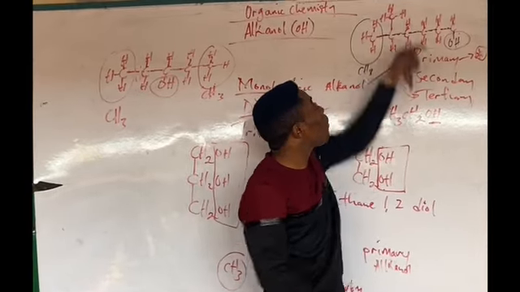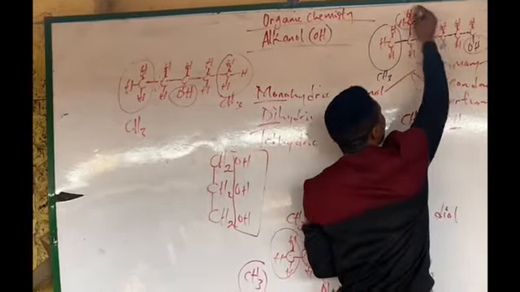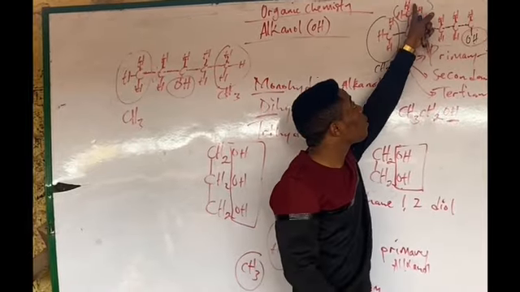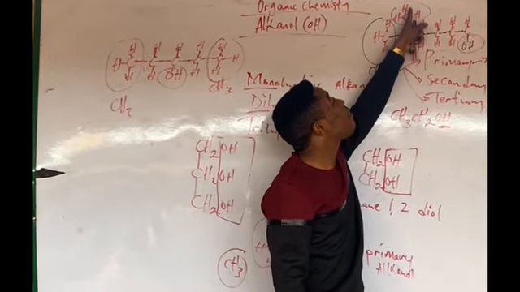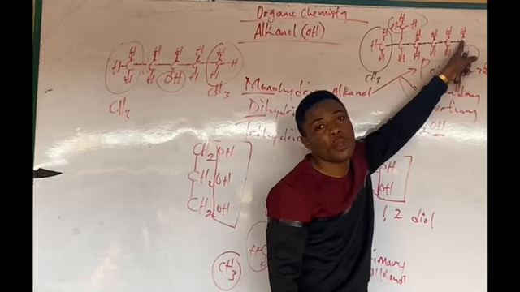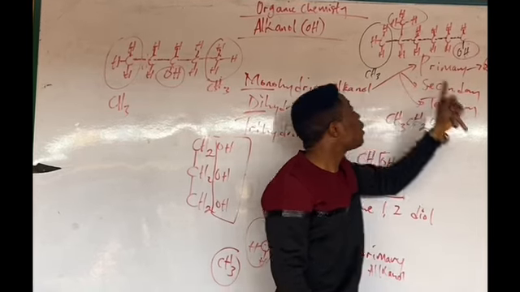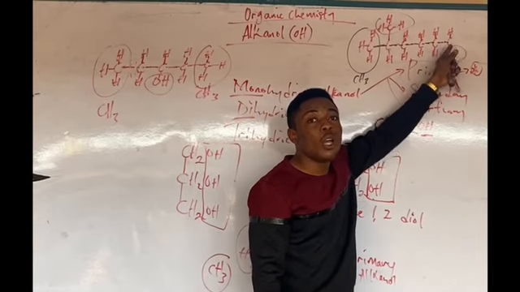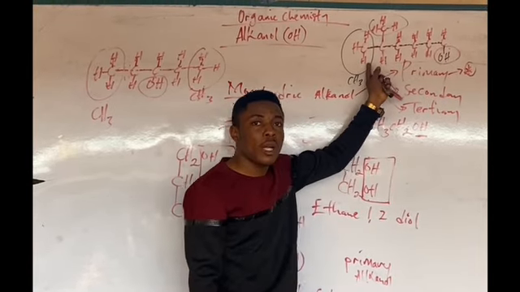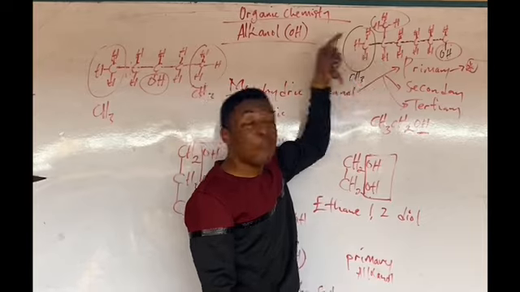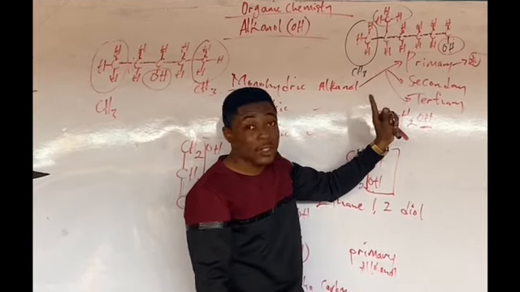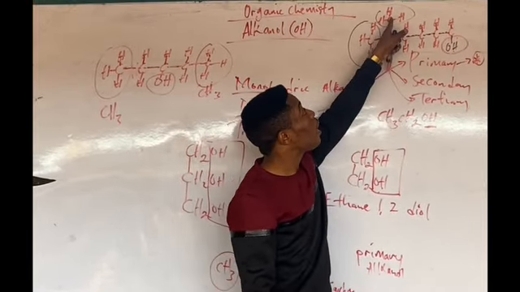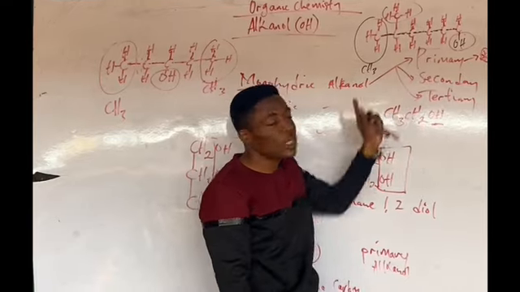Although we have another methyl group here, this methyl group does not have direct link with the alpha carbon. So because it is only one methyl group having direct link with the alpha carbon, we say this alkanol is what? A primary alkanol, regardless of the fact that we still have another methyl group present.